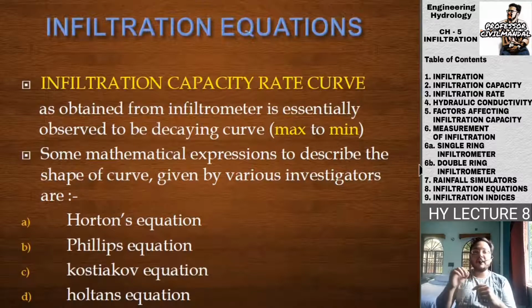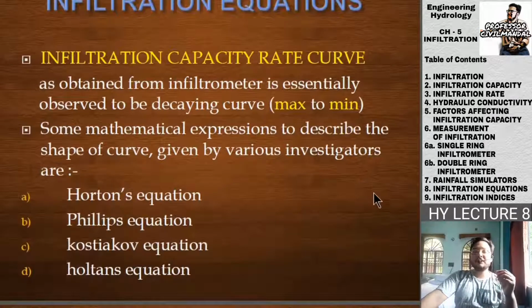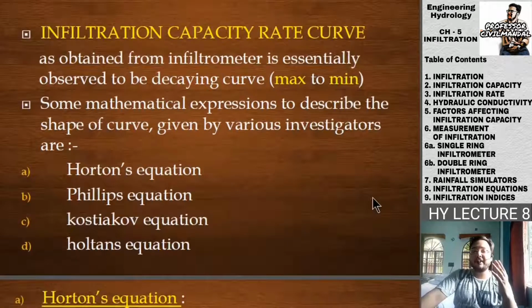The decaying curve means from maximum value it will be reducing to minimum value. In other words, you can see it is a decreasing curve. So this particular rate curve will show that the infiltration is reducing with respect to time as we are proceeding further. And these mathematical expressions are given by 4 different scientists.